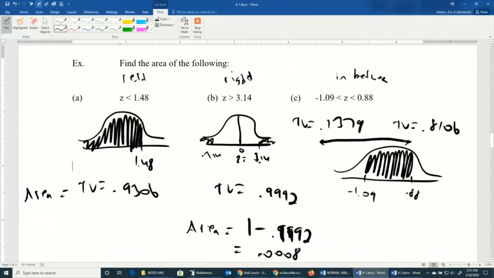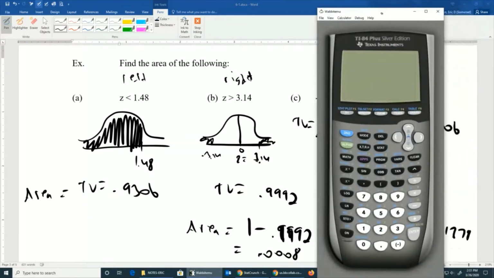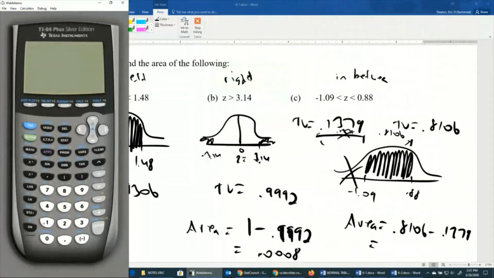And from there all the way to the left is this 0.1379. We want the area in between, which means we need to get rid of that, so to find the area, you subtract the bigger minus the smaller, or the right minus the left. Nothing says you can't use a calculator to make sure, so let's use a calculator.